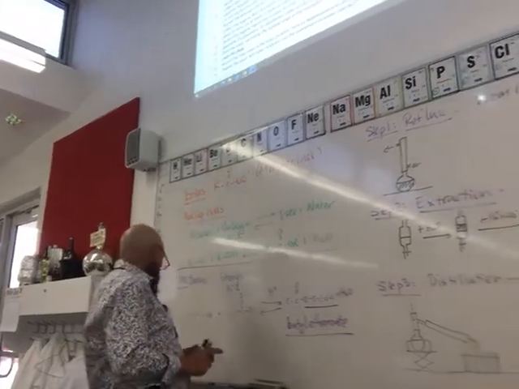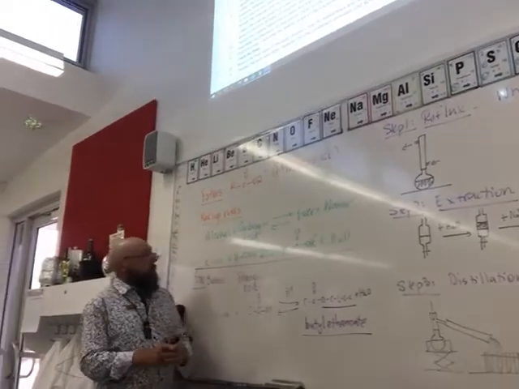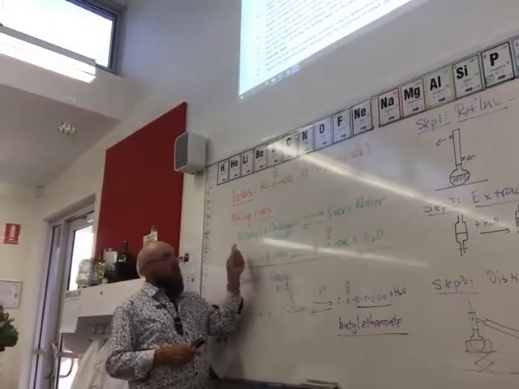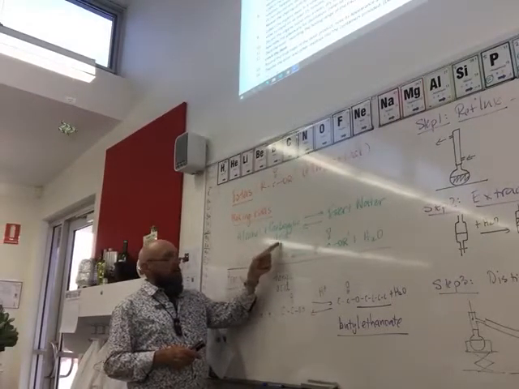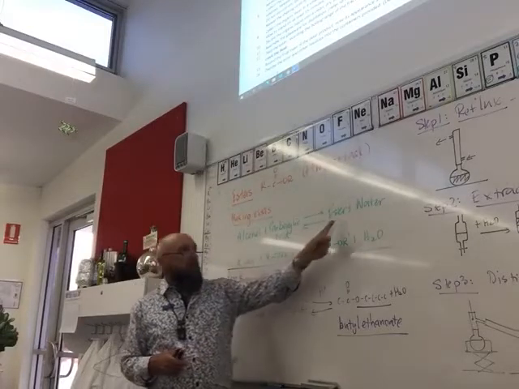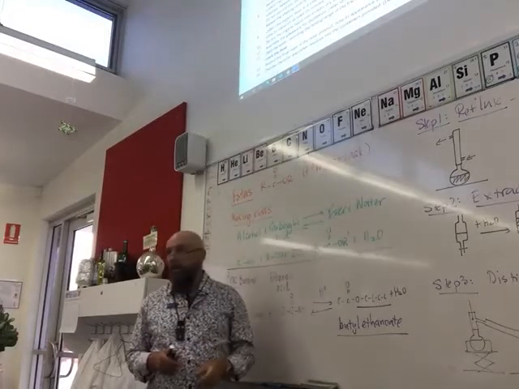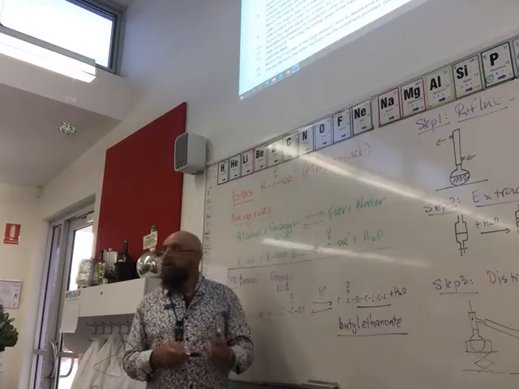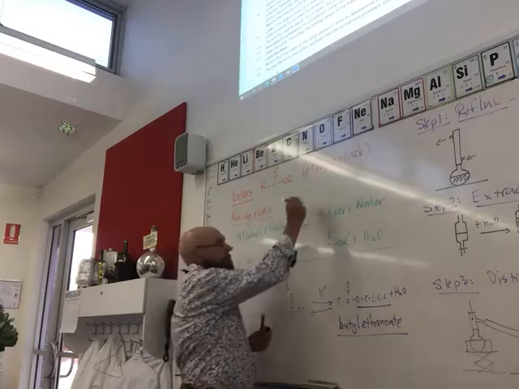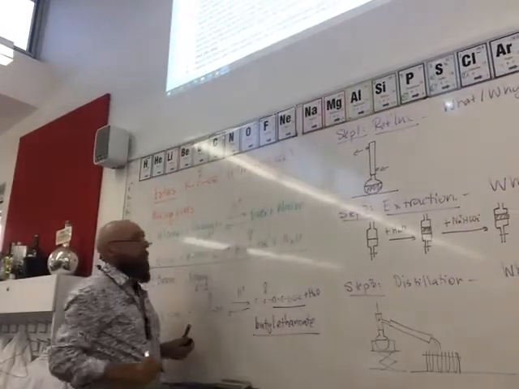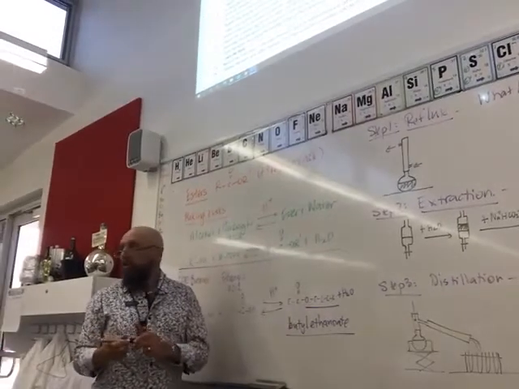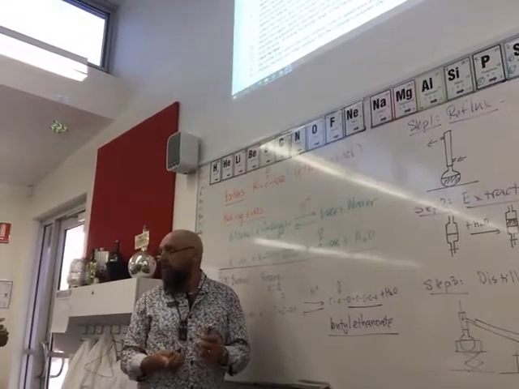Alright, general ester preparation. When we're making any ester, it's always the same. An alcohol mixed with a carboxylic acid to make the ester plus water. However, there's two things that you need to be aware of. And these are words that I'm going to introduce that I haven't talked about much in the course before.